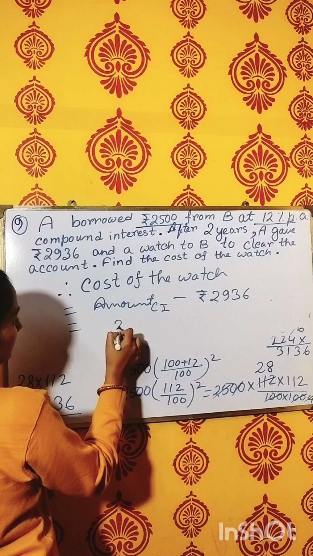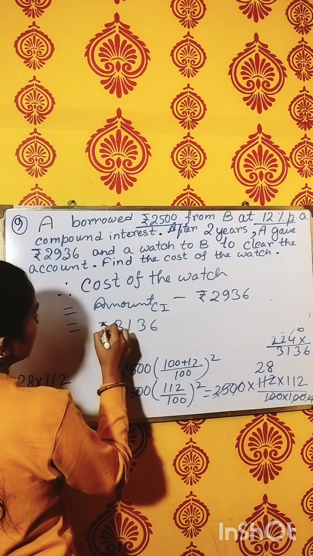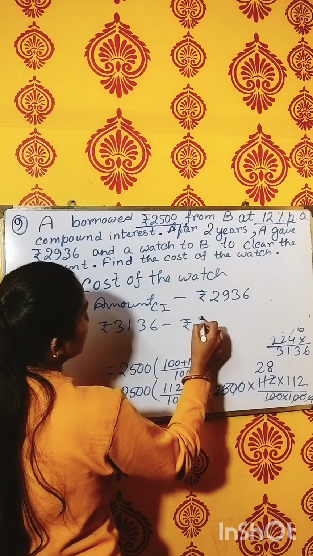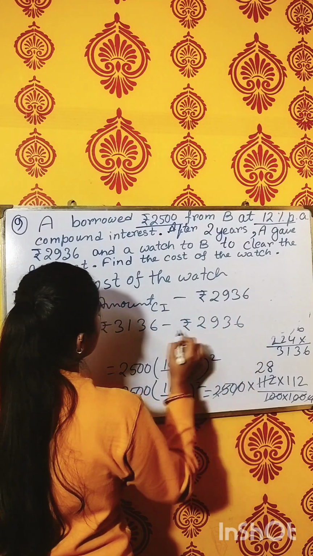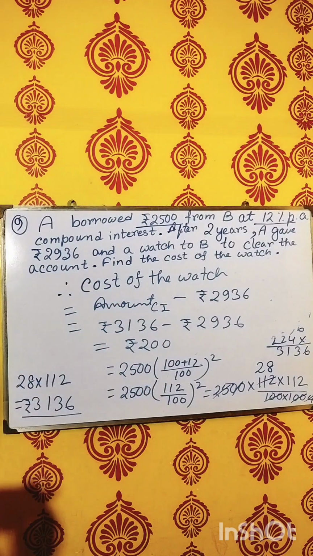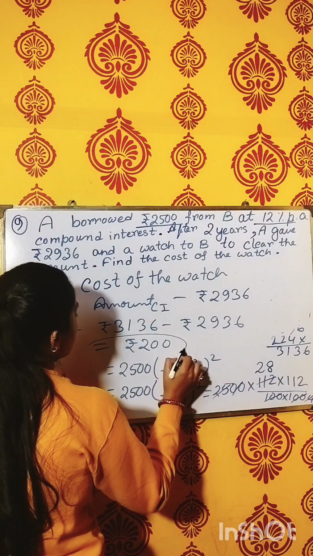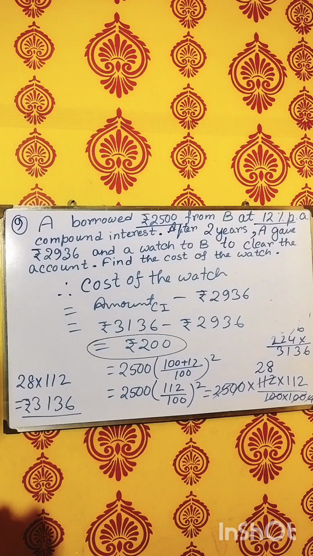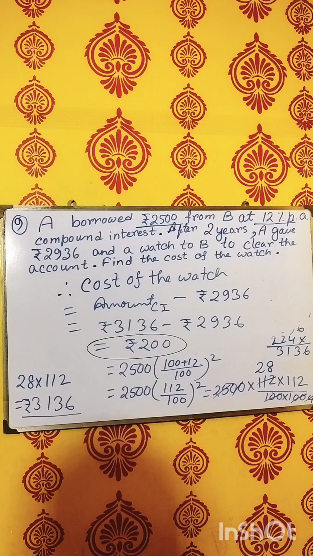Okay, therefore 3136 minus rupees 2936 is equal to rupees 200. Therefore the cost of the watch will be rupees 200. Thank you. Take care.